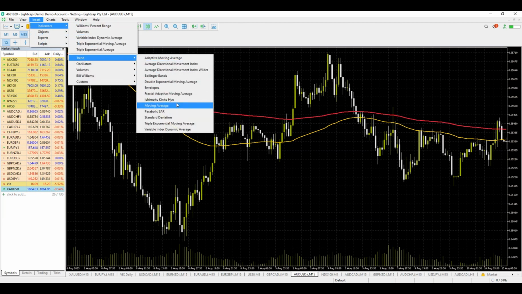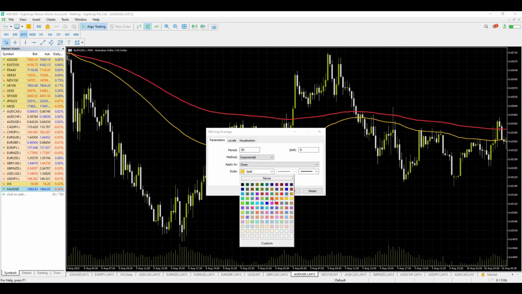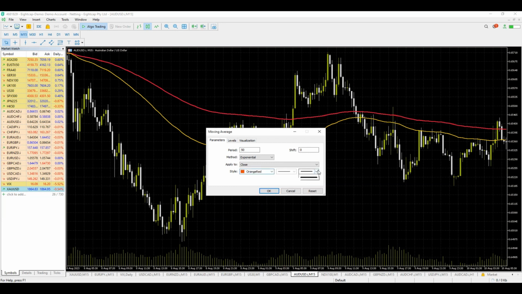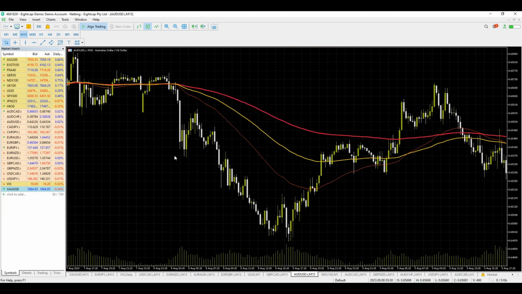Go to trend, moving average, put in a 50, and let's use an orange red. Okay, make it thin. There we go. So 3 moving averages on this chart. Very basic, nothing to code, and I'm using candlesticks.